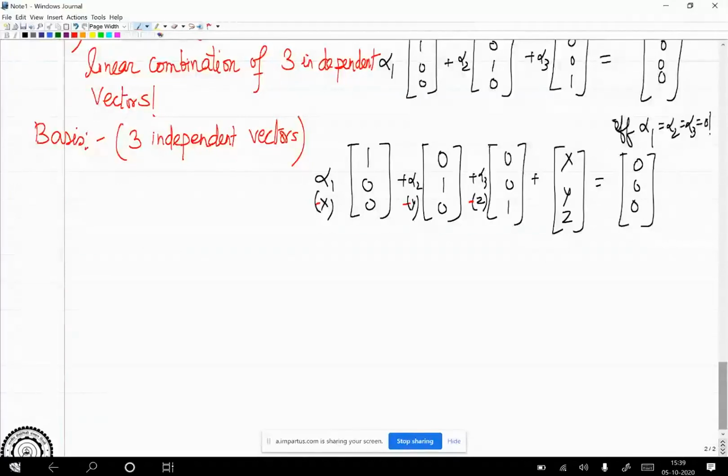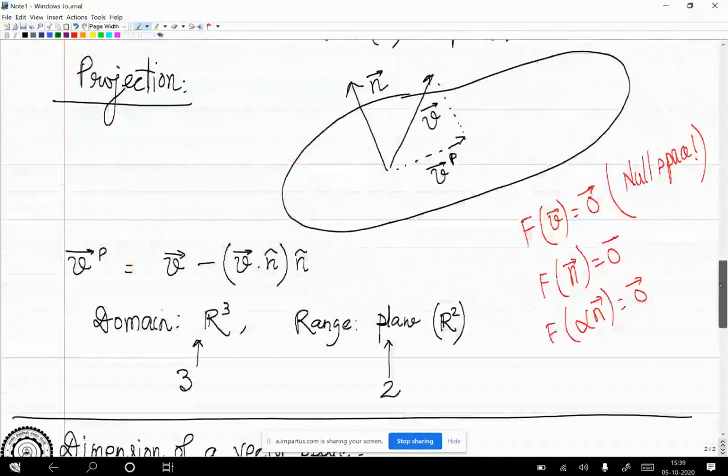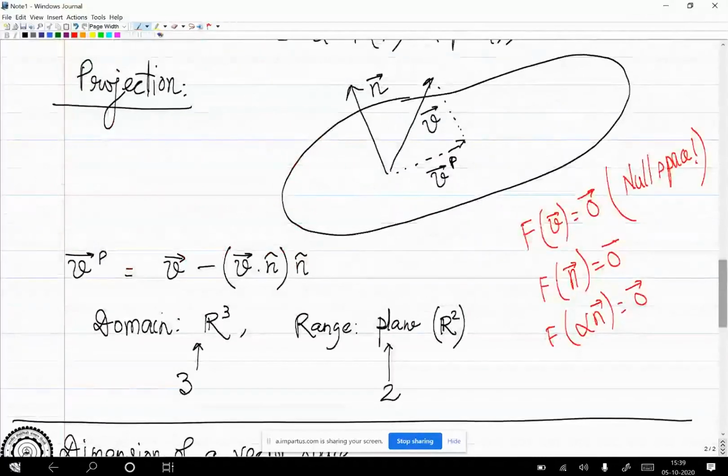Yeah. So, okay, let me go back. So null space simply means that when you apply any vector from the null space to the linear transformation, it should give you 0. So this is the property of a null space.